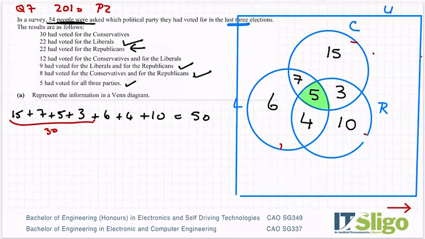And so 4 people sit outside here, which is the difference between 50 and 54. Now those 4 people that sit outside there definitely didn't vote at all, assuming that there were only 3 parties in that country. So those 4 people did not vote for the Conservatives or the Liberals or the Republicans. And now all 54 people are accounted for and my Venn diagram is finished.